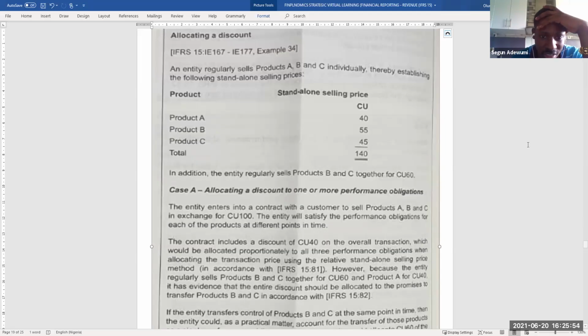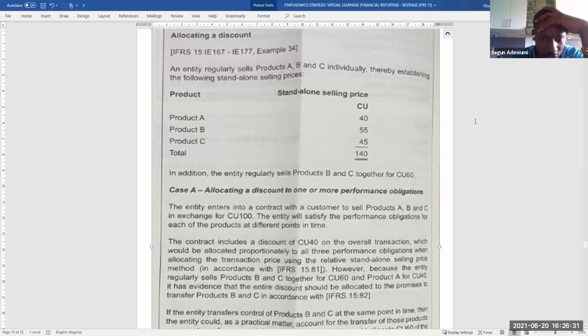The contract includes a discount of 40 CU on the overall transaction, which would be allocated proportionately to all three performance obligations when allocating the transaction price using the relative standalone selling price method in accordance with IFRS 15 paragraph 81. However, because the entity regularly sells product B and C together for 60 CU and product A for 40 CU, it has evidence that the entire discount should be allocated to the promises to transfer products B and C in accordance with IFRS 15 paragraph 82.